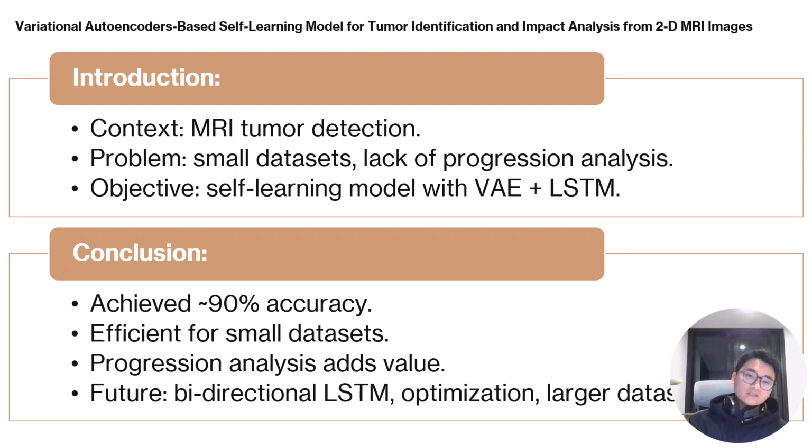With the conclusion, it again states the result of the model, stating that the model is efficient for small datasets. It also includes the progression analysis, which adds value to the research, and opens up future directions for bidirectional LSTM optimization and application on larger datasets.